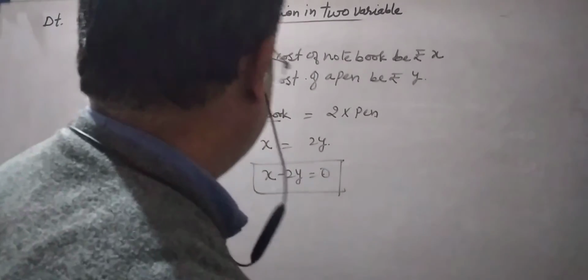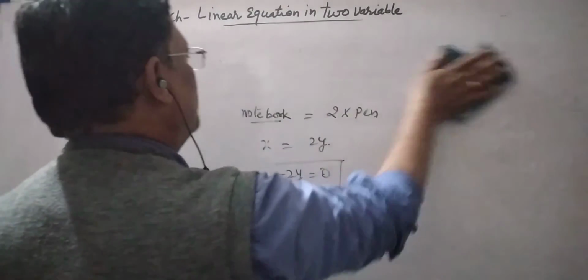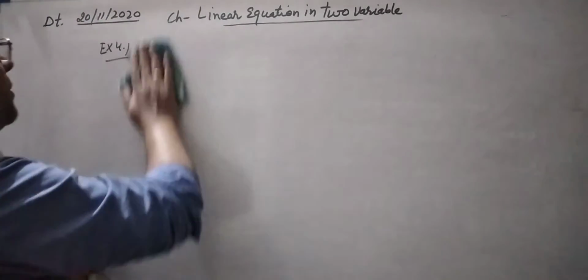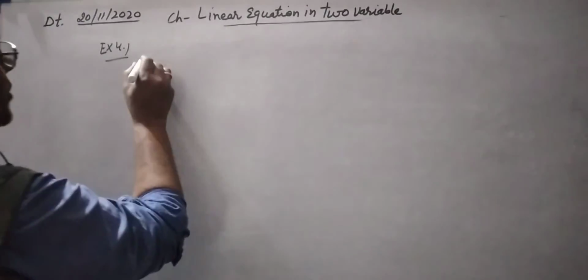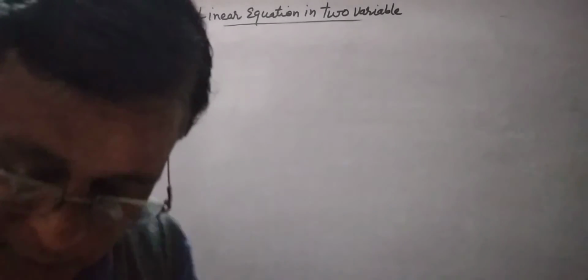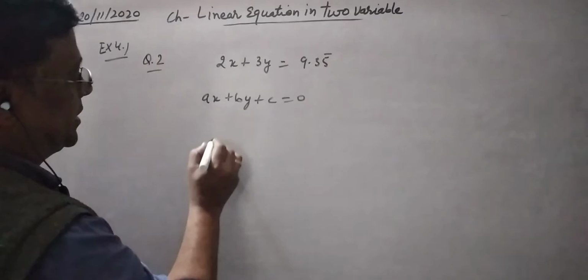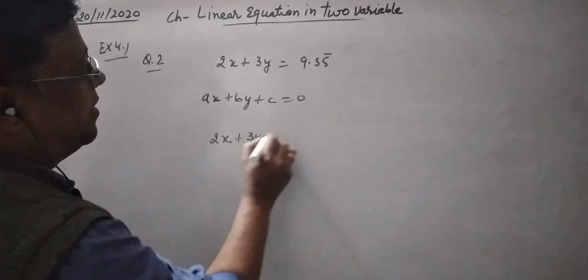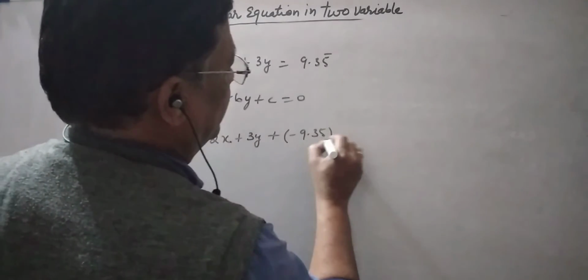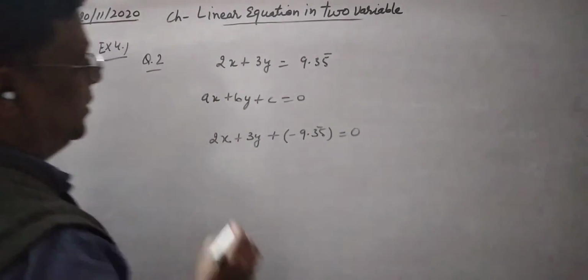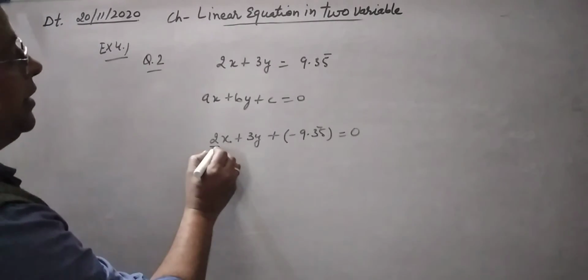Question number 2 says to express these linear equations in two variables in the form ax plus by plus c equals 0. Suppose you have 2x plus 3y equals 9.35 bar. So 2x plus 3y plus minus 9.35 bar equals 0.